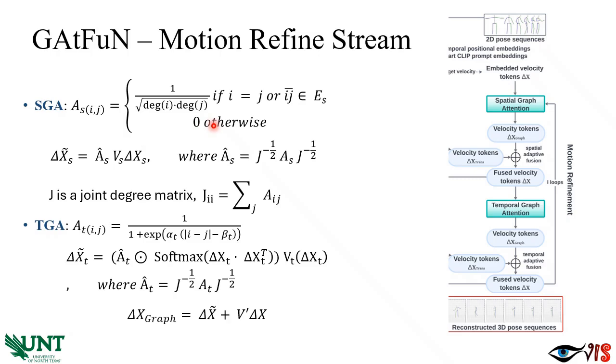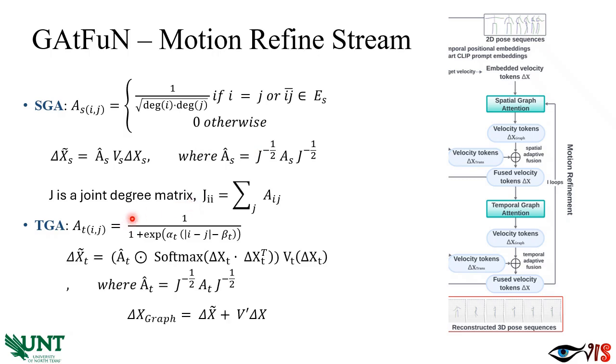Let the human joint trajectory be a graph where Vt denotes the joints across frames and Et represents the edges connecting joints. In the temporal graph attention, the adjacency weights are defined via a logistic decay function, where A_T of ij equals 1 over 1 plus exponential of alpha t times the absolute value of i minus j minus beta t.